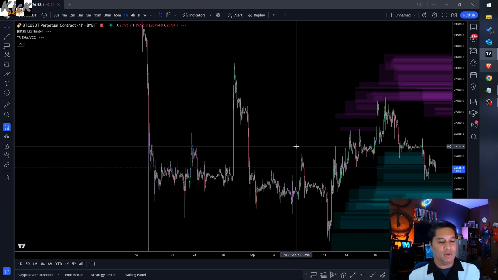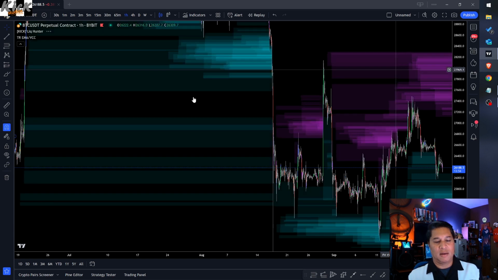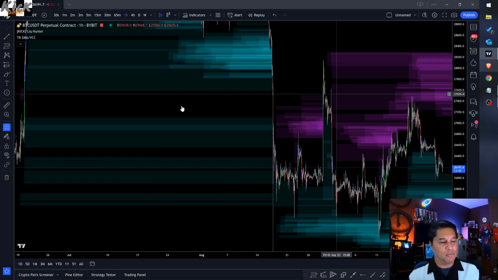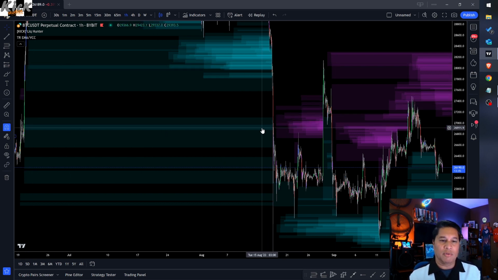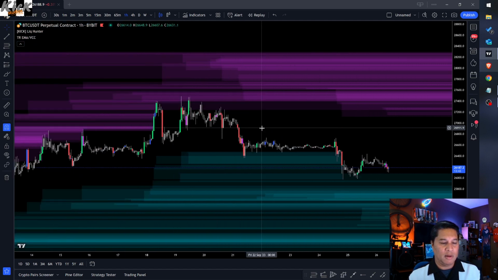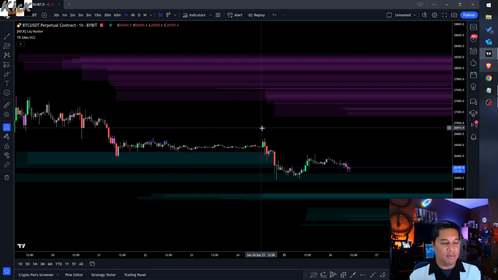So if I scroll back here further, you'll see that, give it a second, and the zones update. Okay, as it draws more in. And it's basically using all of the data that is shown on screen. Okay, and if I go back to here, a lot of that gets cut out.